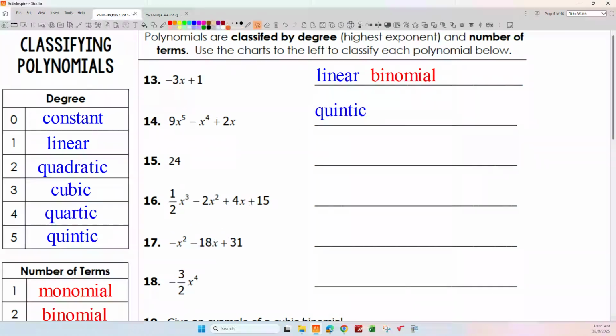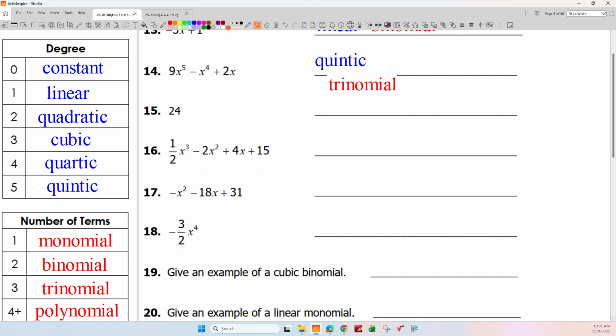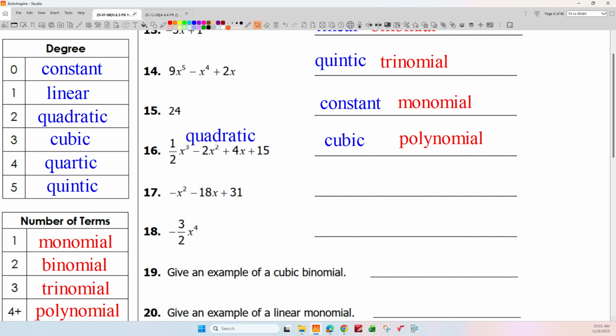Quintic trinomial. Next one. Constant monomial. Next one. Cubic polynomial. Good. Next one. Quadratic trinomial.